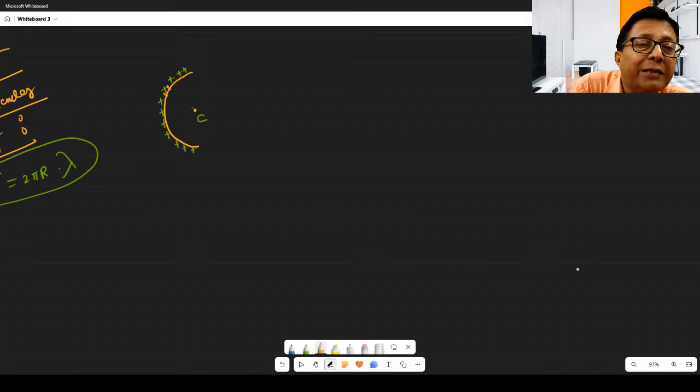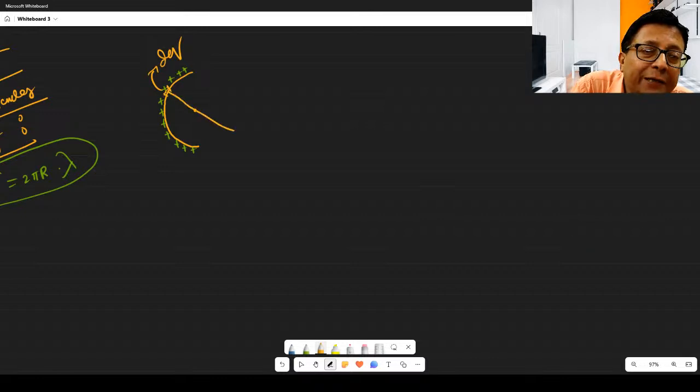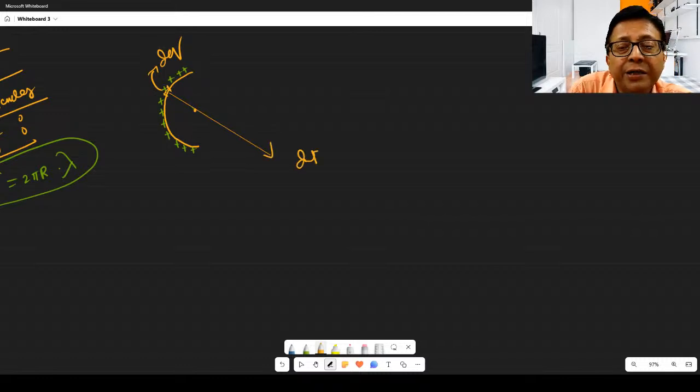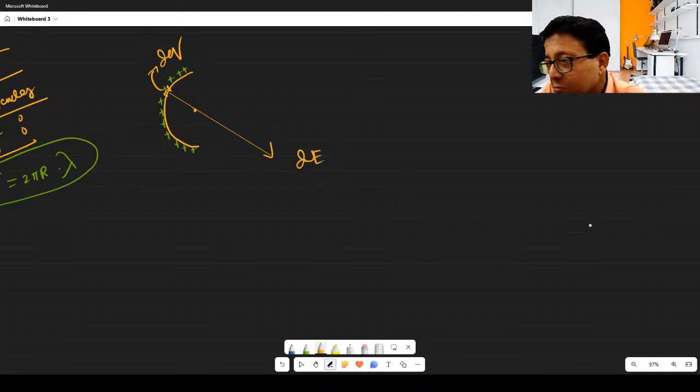This is the elemental portion holding a charge dq over there. Due to this dq charge, the strength of electric field at the center will be directed this manner. Agree or not?